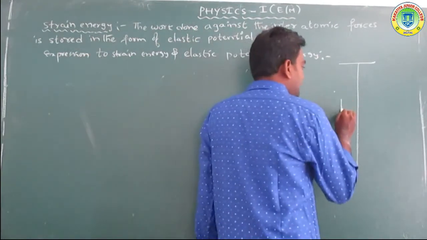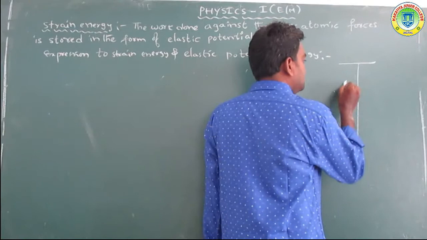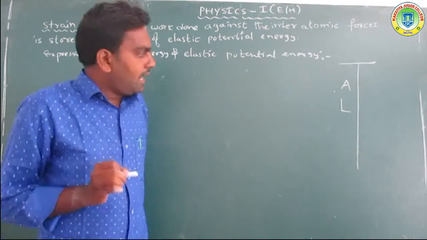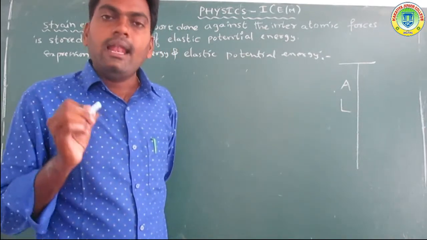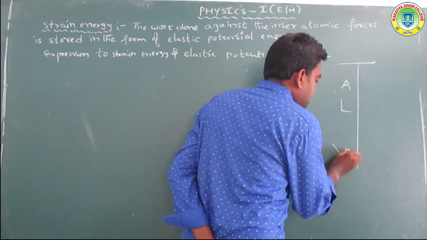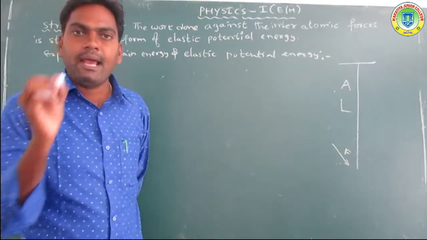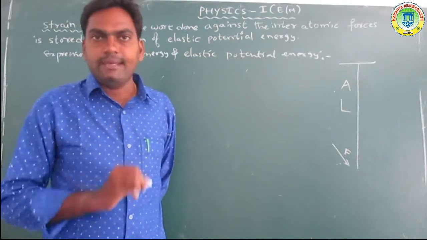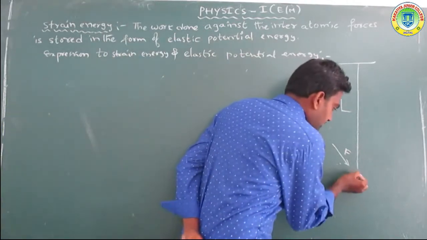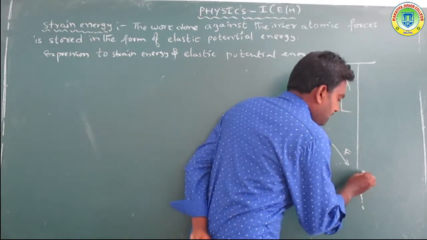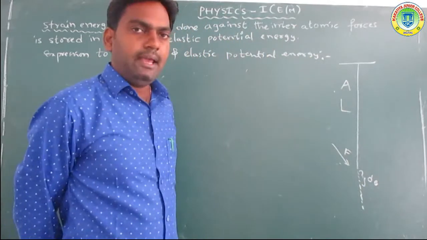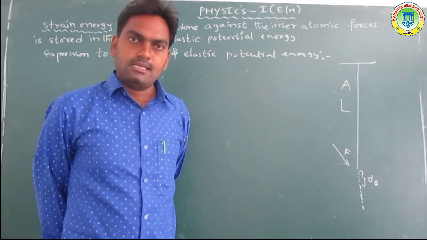The length of the wire is L and the area of cross section is A. A deforming force is applied along the length of the wire, and some extension is produced.